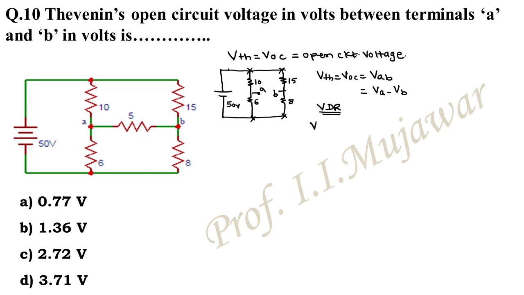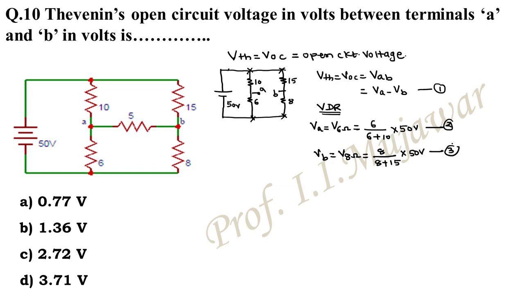That means VA, the potential at point A, is nothing but V6 ohm, and by using the voltage divider rule, that is 6 divided by (6 plus 10) into 50 volt. Let this be equation number 2. Similarly, VB is equal to V8 ohm, that is equal to, by using the voltage divider rule, 8 divided by (8 plus 15) into 50 volt, that is equation number 3.